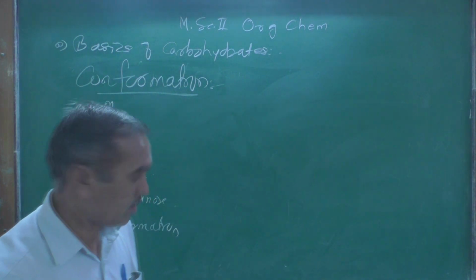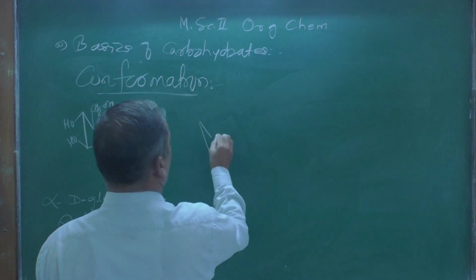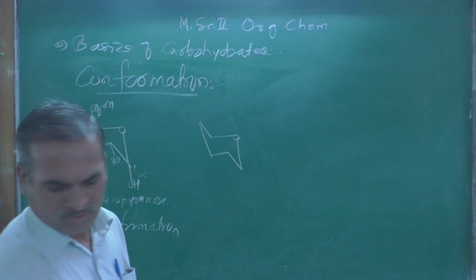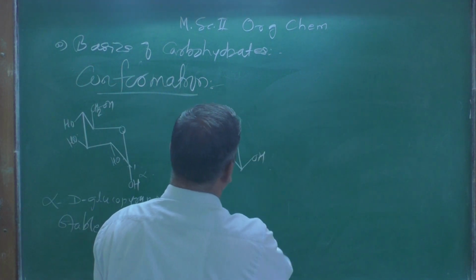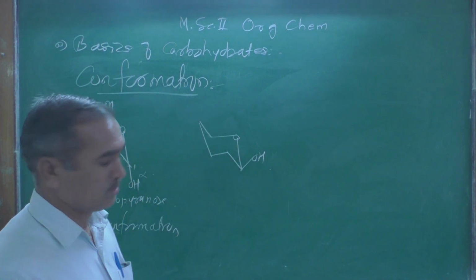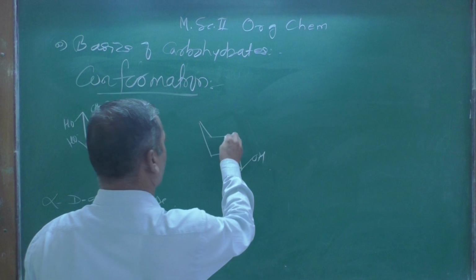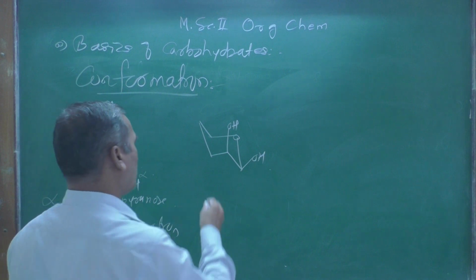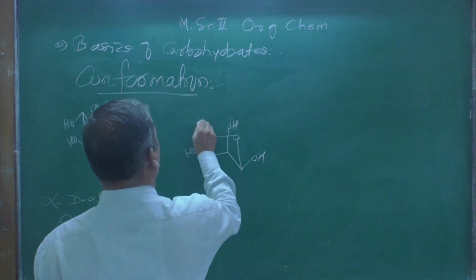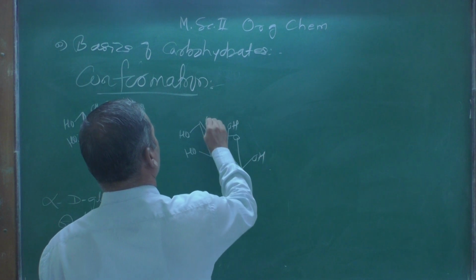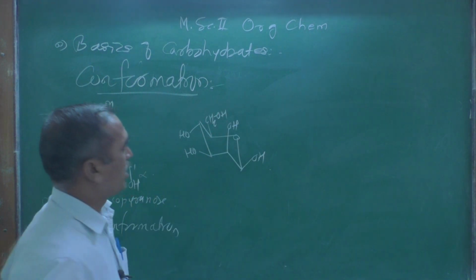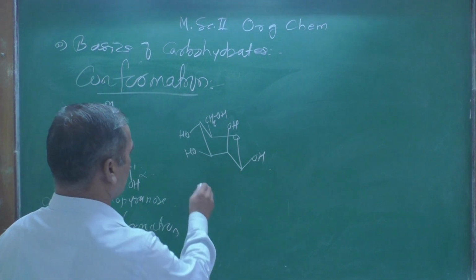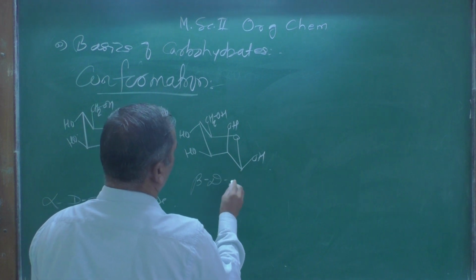Let me draw this structure once again, where the hydroxy group at the anomeric carbon is on the beta side, one hydrogen atom here, the hydroxyl group at an axial position, and the rest of the groups are at equatorial positions, like this, CH2OH. This is the structure of beta D glucopyranose.